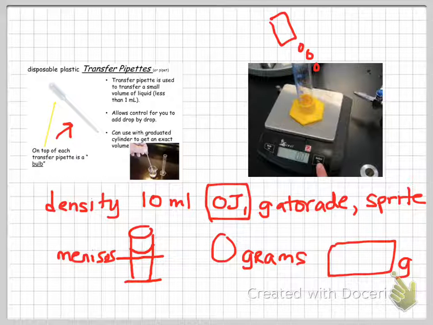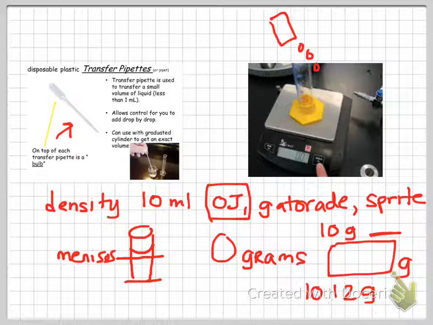You know you'll be in the right ballpark if you get somewhere around 10 grams, and you'll include the significant digits, so you will probably get 10.12 grams or 10.3. We're using a pipette to make sure that your data is going to be as accurate as possible.